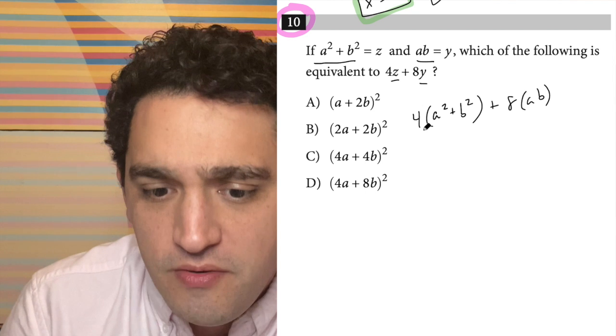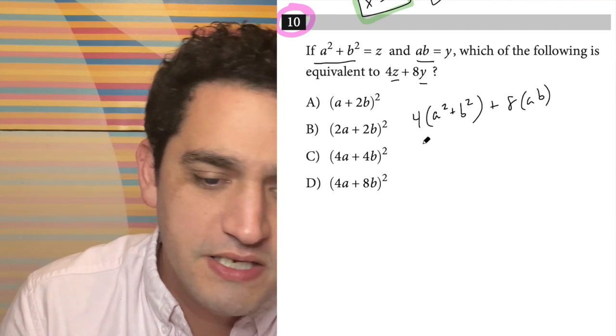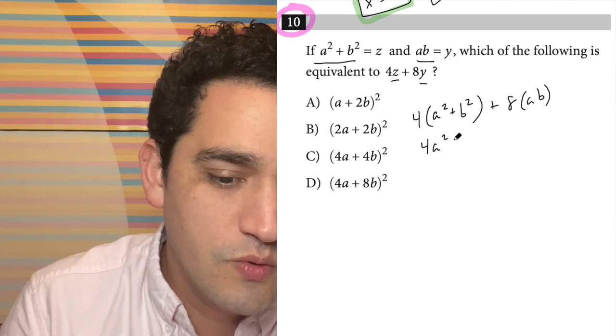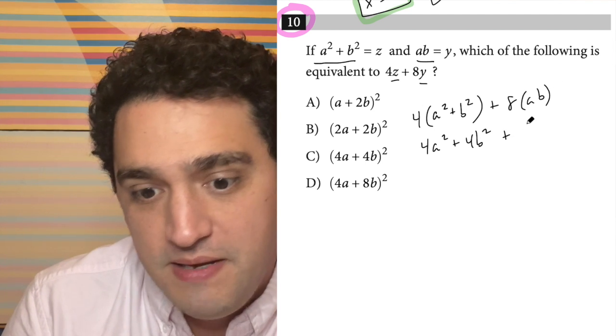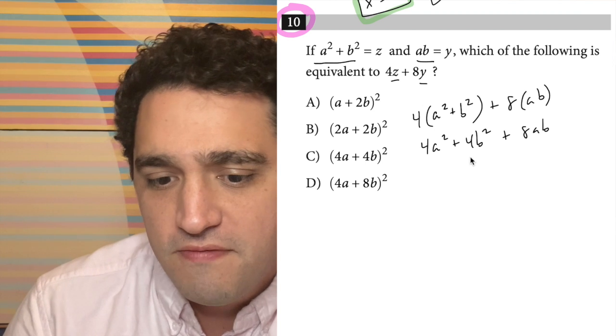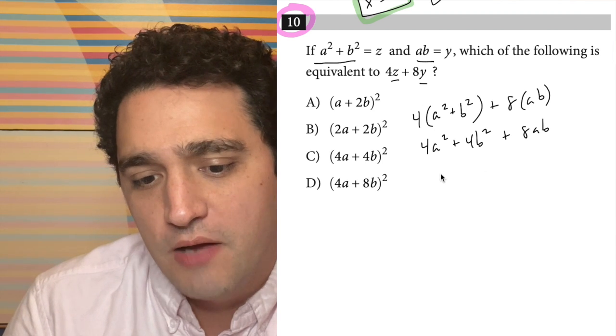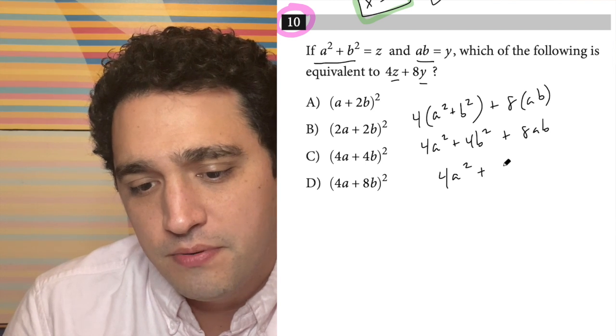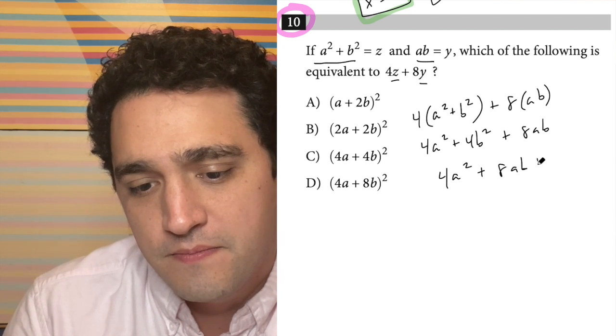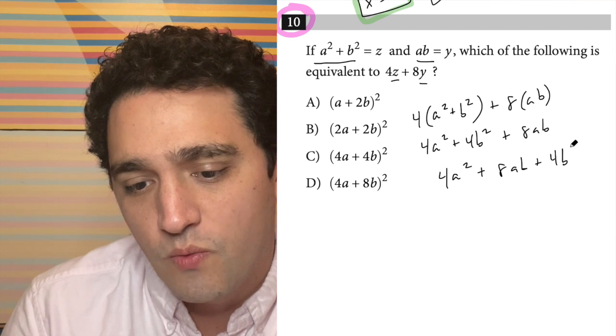Let's distribute. 4 times A squared plus B squared is 4A squared plus 4B squared. And 8 times AB is just 8AB. What if we switch this around so it looks like this? 4A squared plus 8AB plus 4B squared.